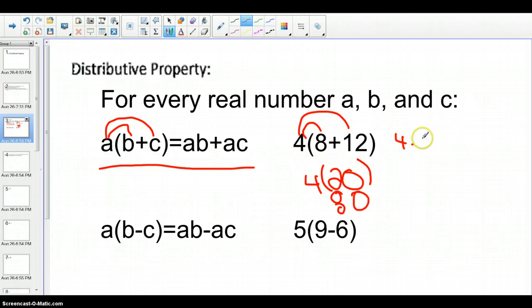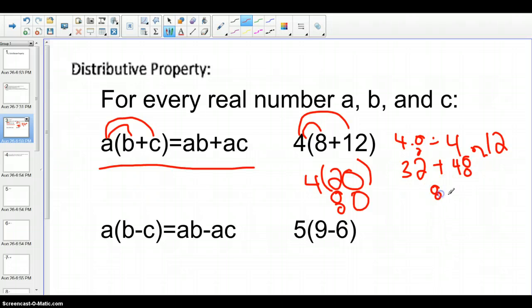So I have 4 times 8 plus 4 times 12. Well, 4 times 8 is 32. 4 times 12 is 48. So if I add those two quantities together, I get 80. So the distributive property works the same way.